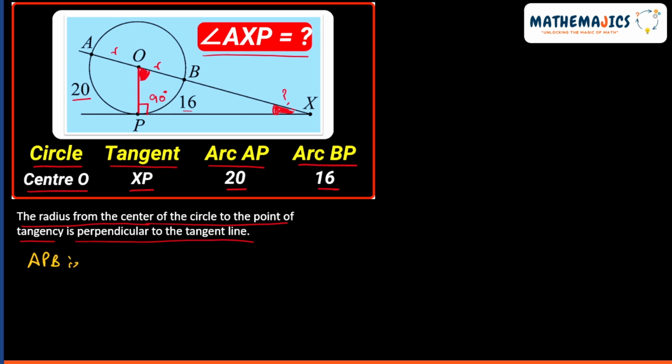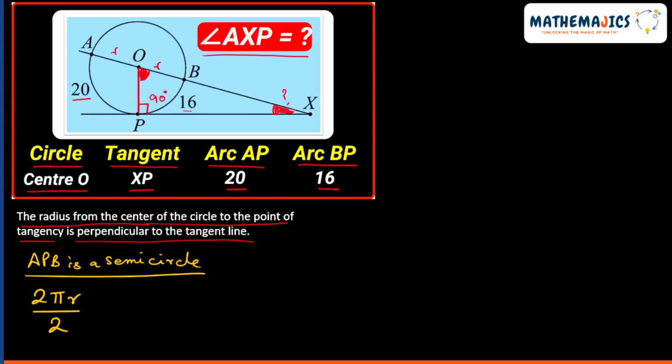As I can see, APB is a semicircle. If this is a semicircle, what will be the perimeter? Perimeter will be 2 pi r divided by 2, half of the circumference of the circle.